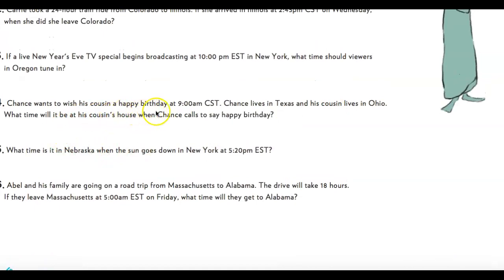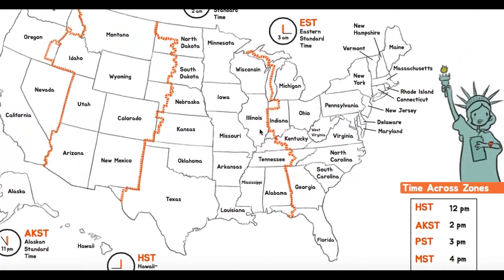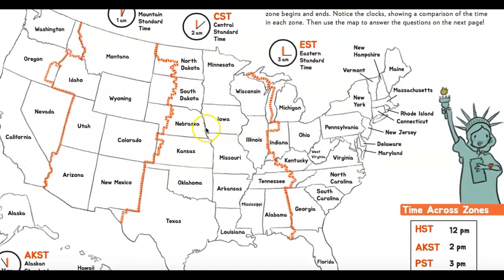Okay? All right, number 4. Chance wants to wish his cousin a happy birthday at 9 a.m. Central Standard Time. Chance lives in Texas and his cousin lives in Ohio. What time will it be at his cousin's house when Chance calls to say happy birthday? Chance lives in Texas, and that's Central Standard Time.